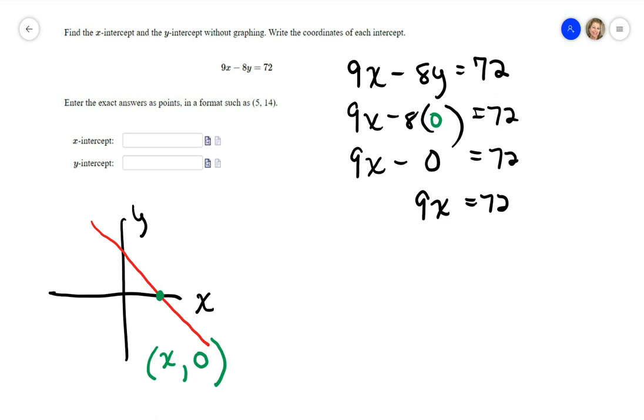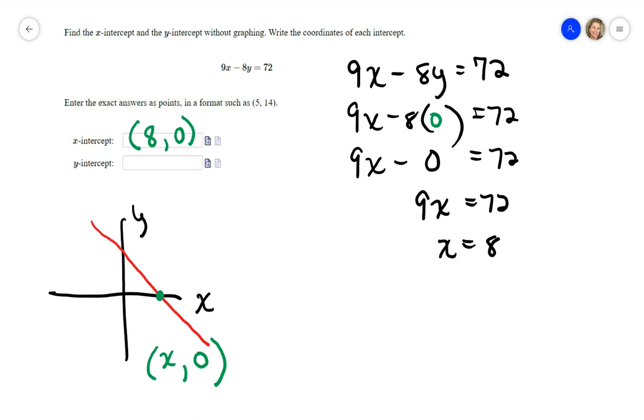And if 9 times x equals 72, then x would have to be 8, because 9 times 8 is 72. So my x-intercept is x is 8, y is 0.